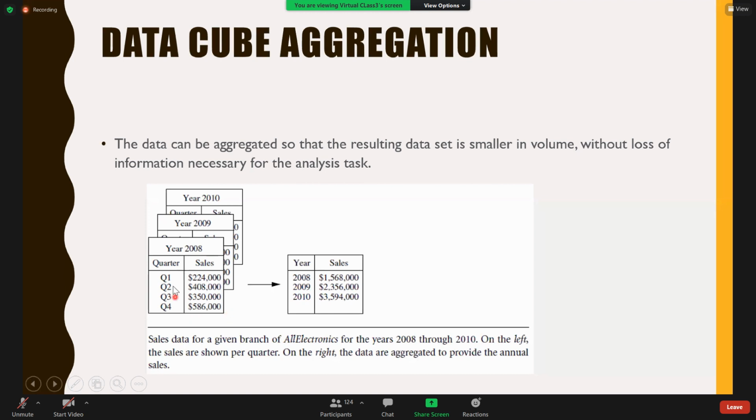All these will be summed and you will get 15,68,000. Similarly, 2009 sales will be aggregated, and 2010 sales will be aggregated. So this entire data is represented in smaller volume using data cube aggregation.